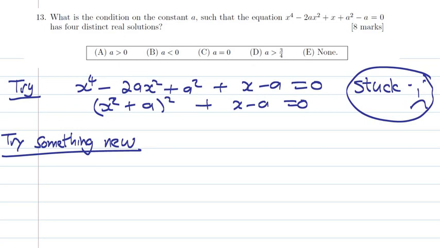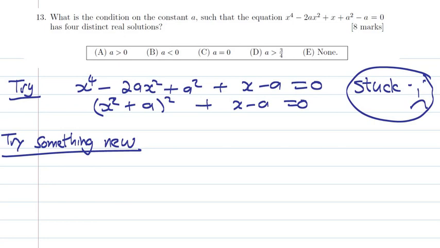Who can give me a polynomial of degree 4 with no real solutions? So for fun, your teacher should have asked you this, but if they haven't, I'm asking you now. Who can give me a polynomial of degree 4 with no real solutions?